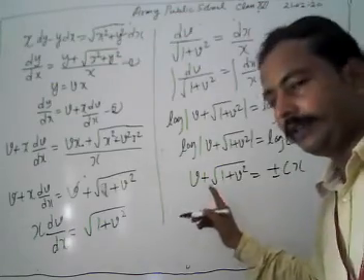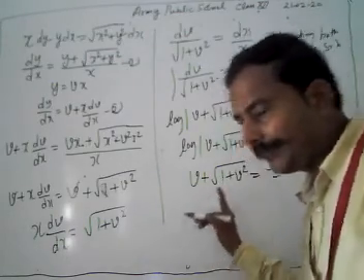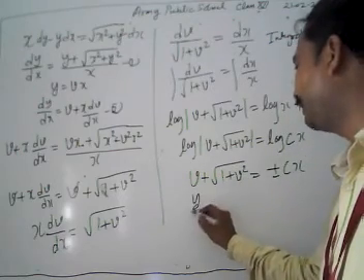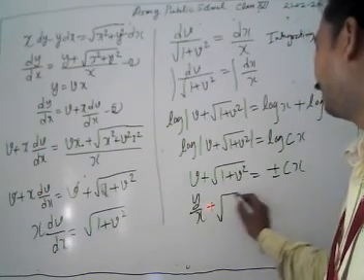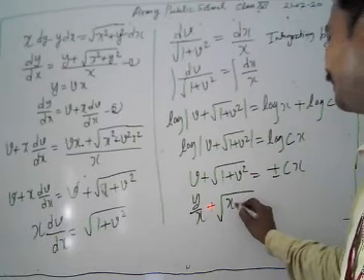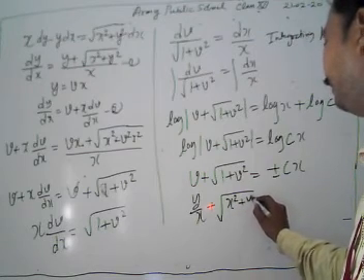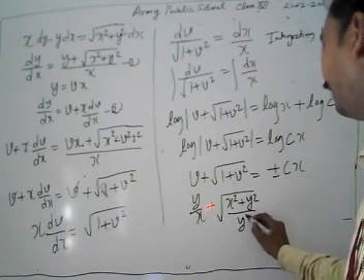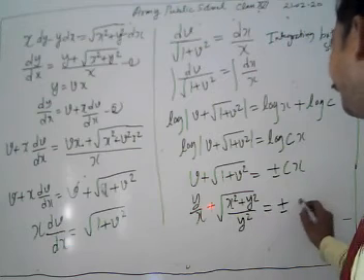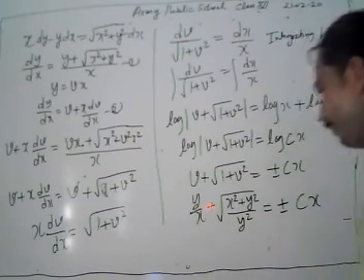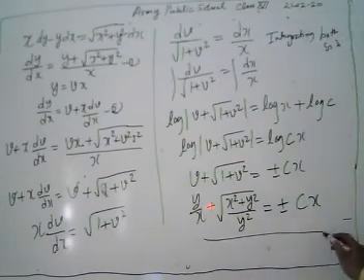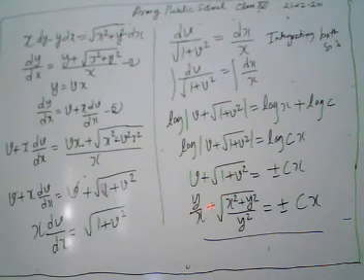Now in the last step we put y by x for v: y by x plus under root x square plus y square upon x square equal to plus minus cx. This is our required solution.